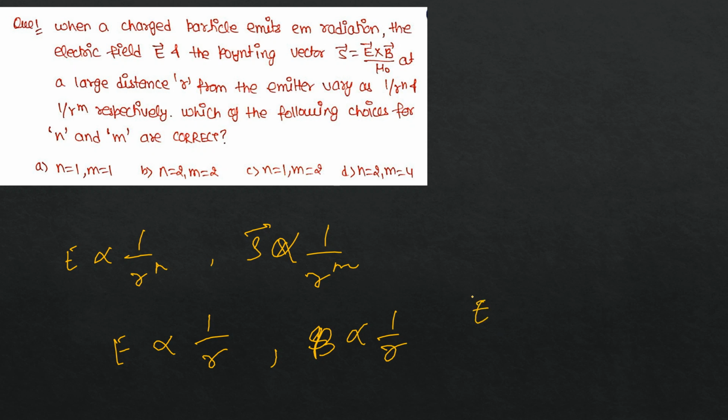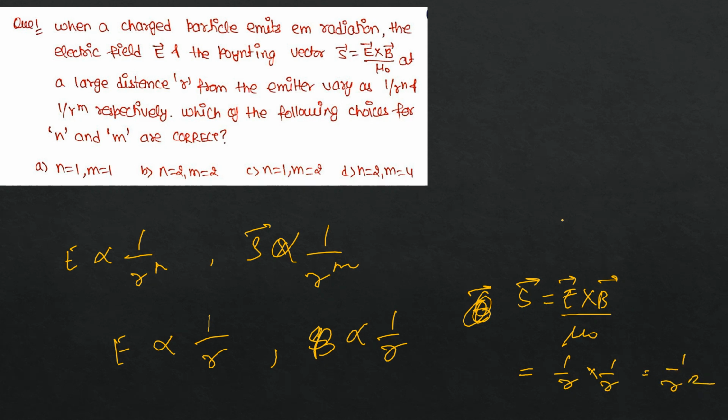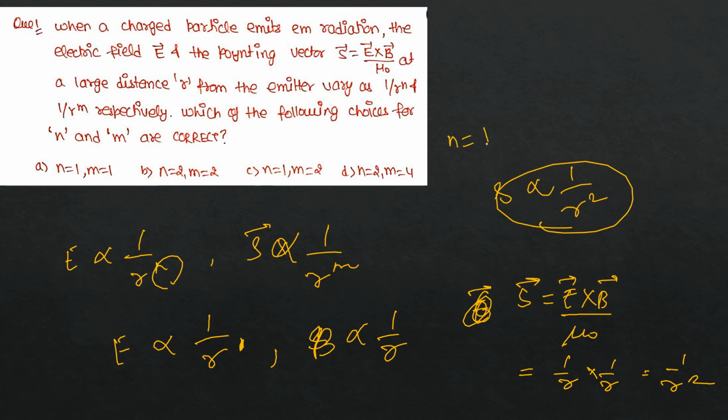So your pointing vector is E cross B by mu naught, isn't it? So 1 by r cross 1 by r will be 1 by r square. So your pointing vector will be proportional to 1 by r square. So n is 1 and m is 2. See how easy it is. It will come for 2 marks in GATE, right?